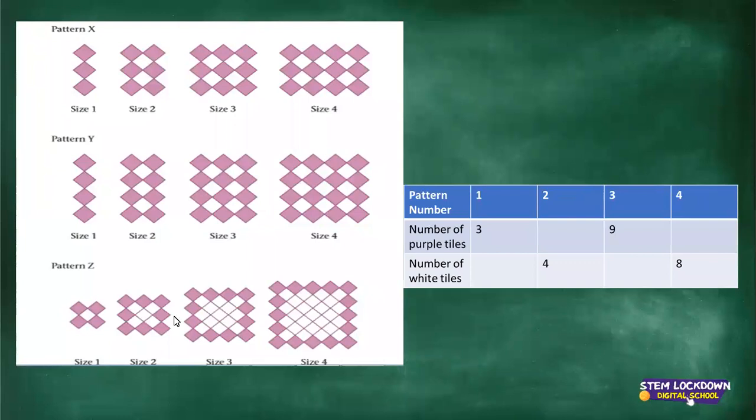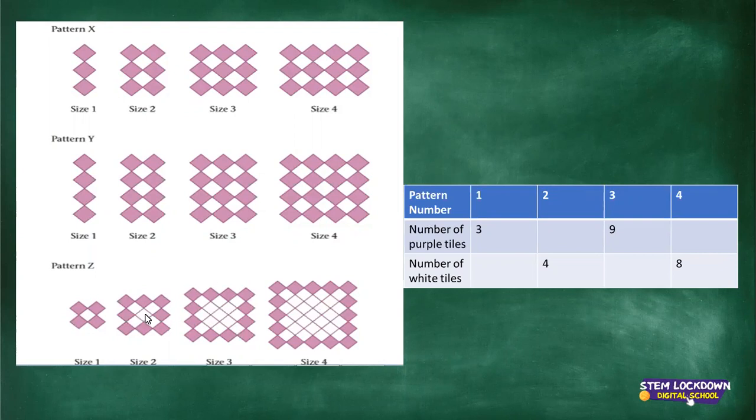Right? So we need to notice what is happening here. Remember, on size 3, you have 13. So you cannot be multiplying by 4. And it is clear that we are not adding the same number to each pattern. We are not adding 4.